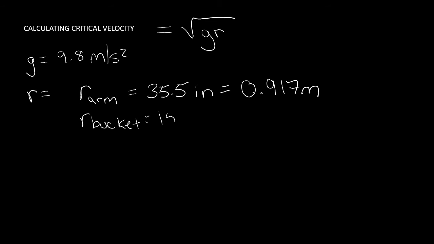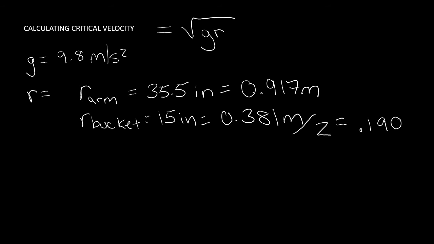The length of the entire bucket is 15 inches, which converts to 0.381 meters. We're going to want to divide that by 2 because we want half of that length. So now we have our two values for r.